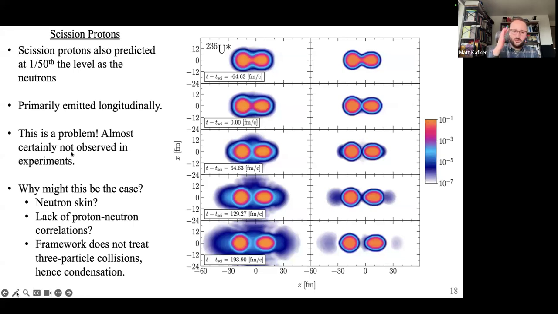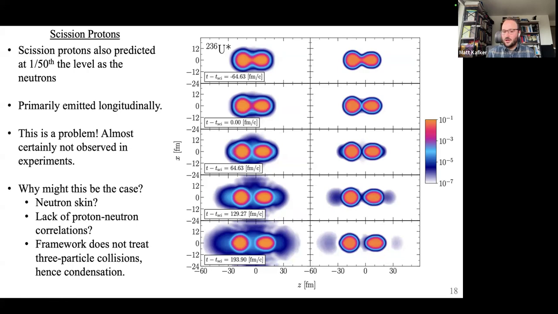it's a problem. So we've spoken with some experimentalists, and they've told us that longitudinal emission of protons would very probably already have been seen if it in fact existed, because people have been doing experiments on fission for a very long time, since the 1930s, as I said. So what's going on here?